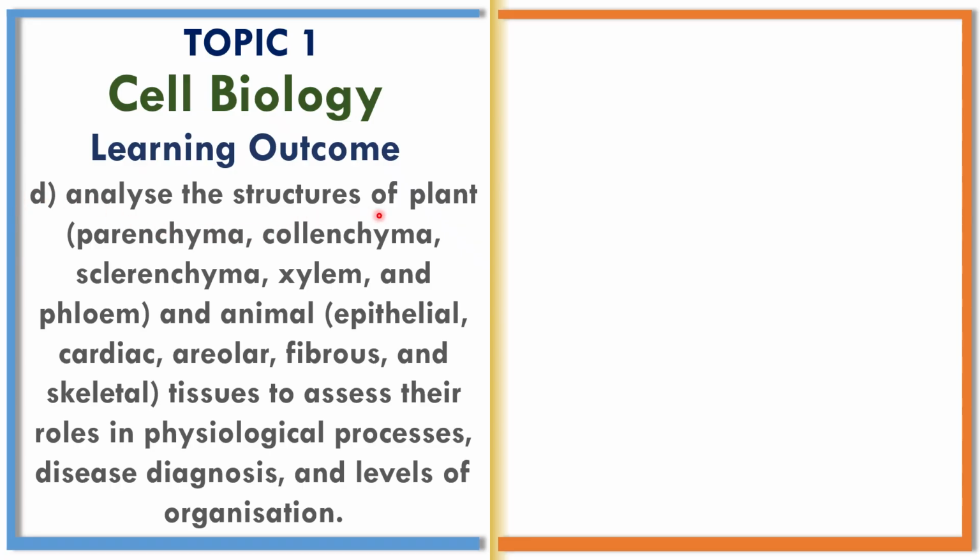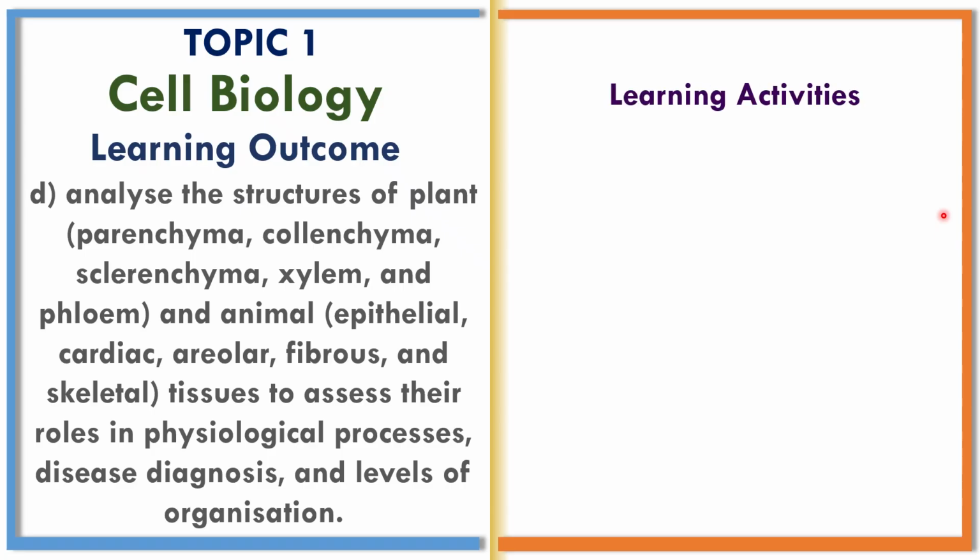Analyze the structures of plant: parenchyma, collenchyma, sclerenchyma, xylem, and phloem, and animal: epithelial, cardiac, areolar, fibrous, and skeletal tissues to assess their roles in physiological processes, disease diagnosis, and levels of organization.